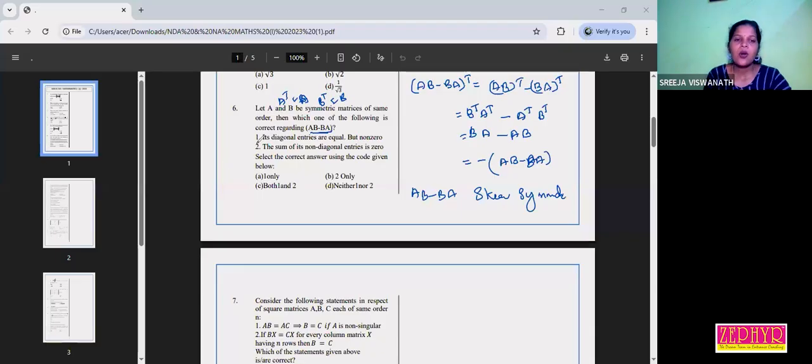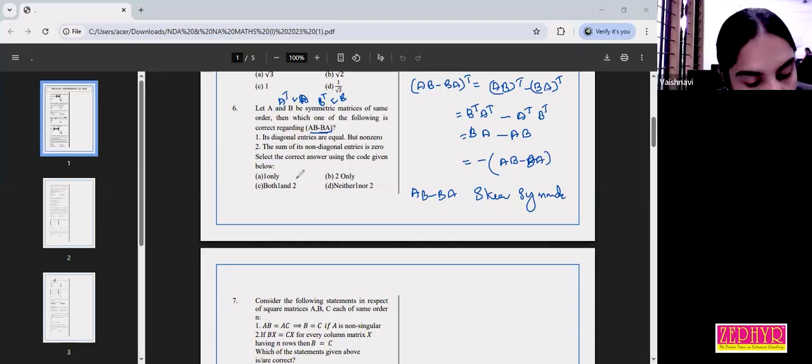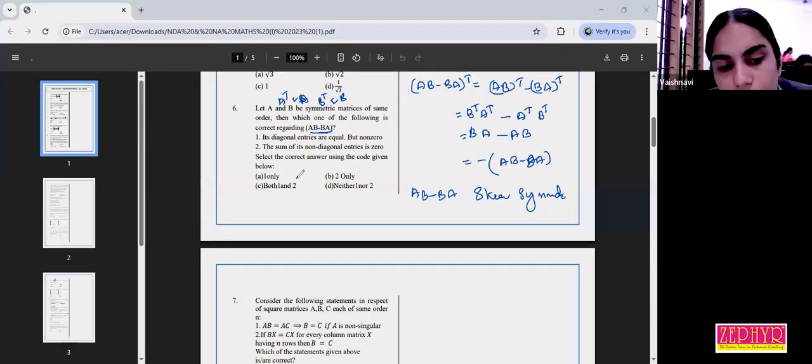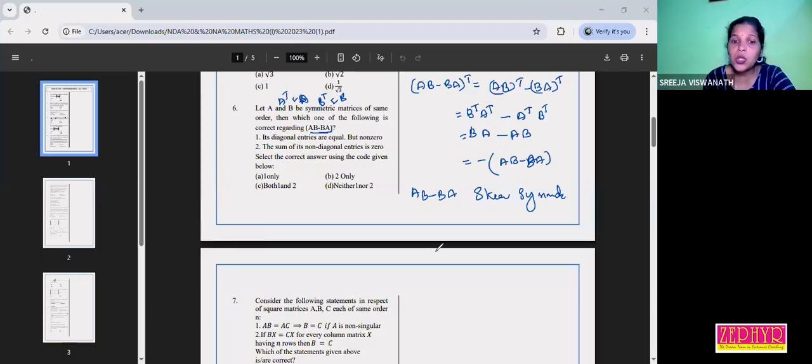Now check which statements are correct. Statement 1 and statement 2. Which one of the following is correct? Diagonal entries are equal but non-zero. Is it right? No. For a skew symmetric matrix, the diagonal element is always 0.